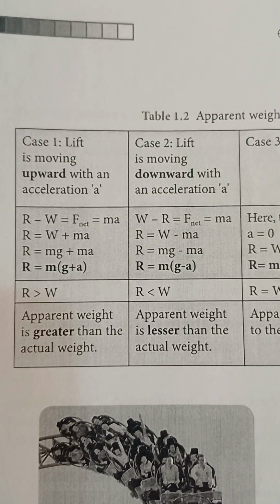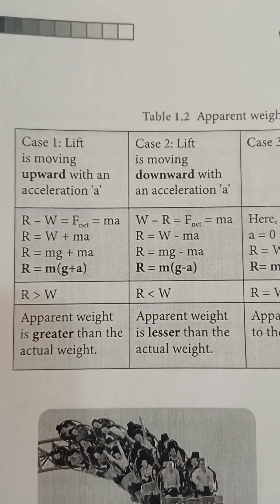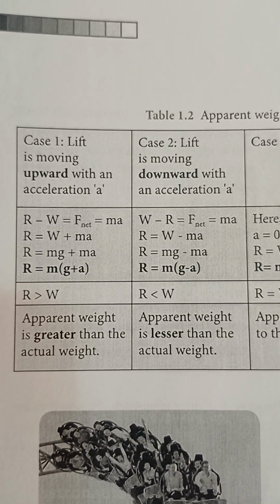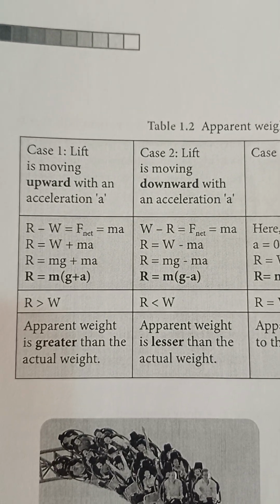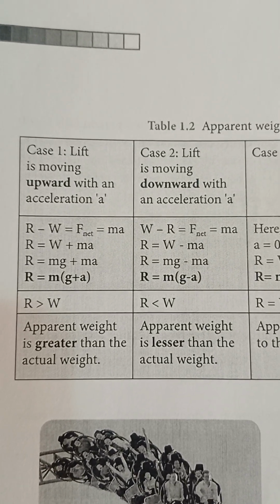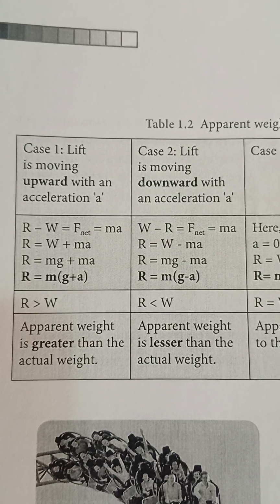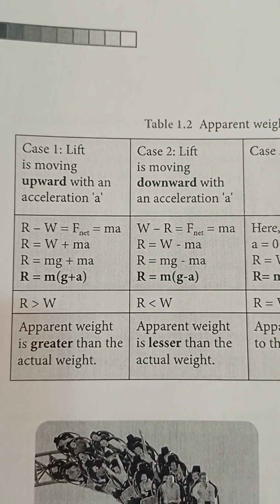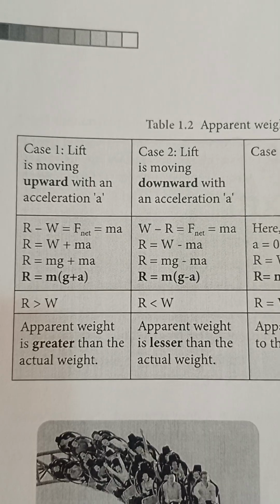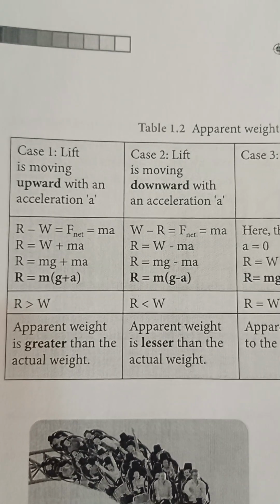So the apparent weight is the addition of both, that is mg plus m into A. The same mass is multiplied by g, which is your actual weight, and m into A is your reaction force. So both are added here.